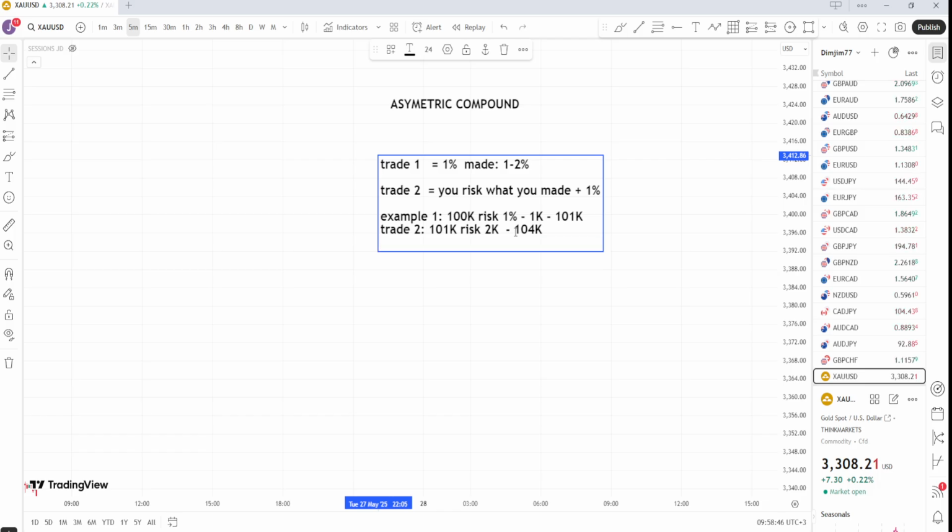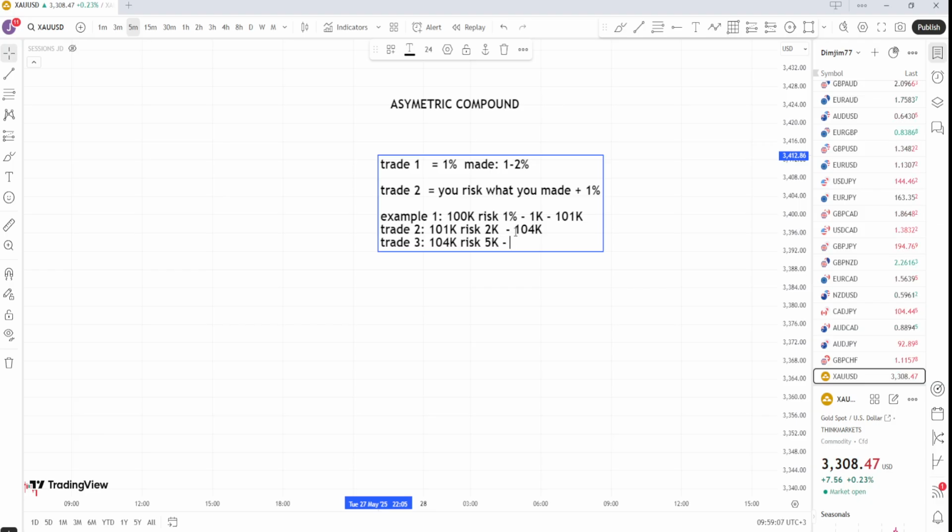Trade 3, you risk the 4k that you made plus the 1%, and you risk 5k.